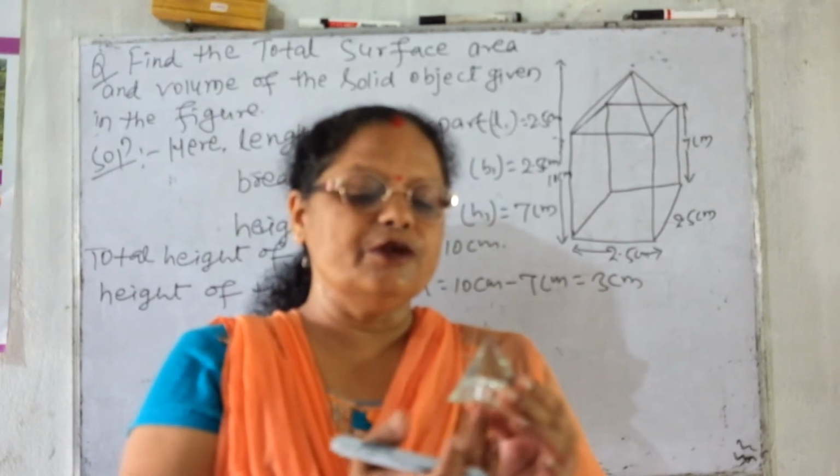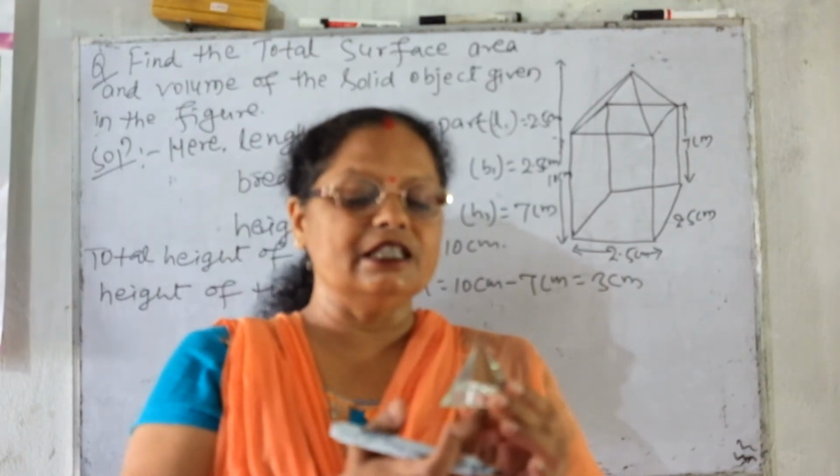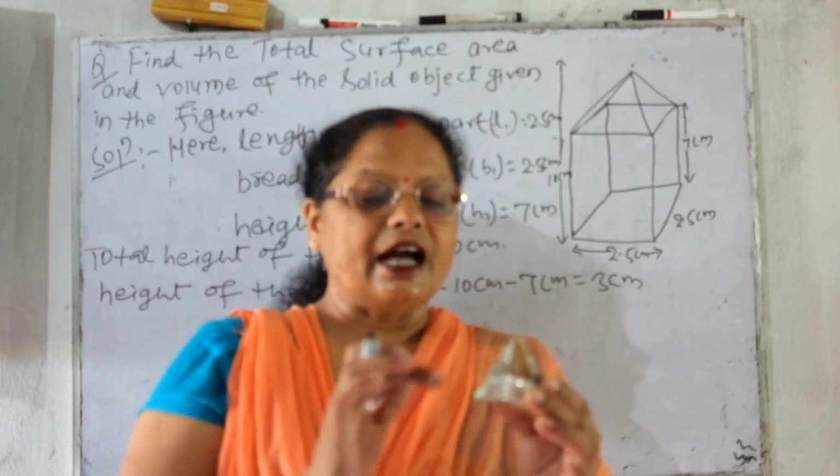Then we have the height of the pyramid, and on this side we have 1.25. If we join this, that will be a right angle triangle.